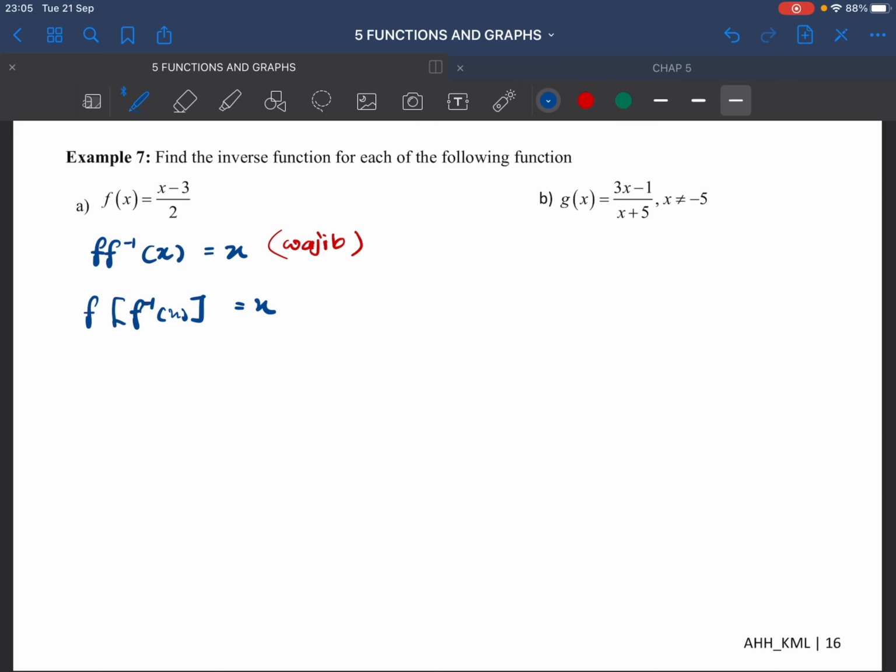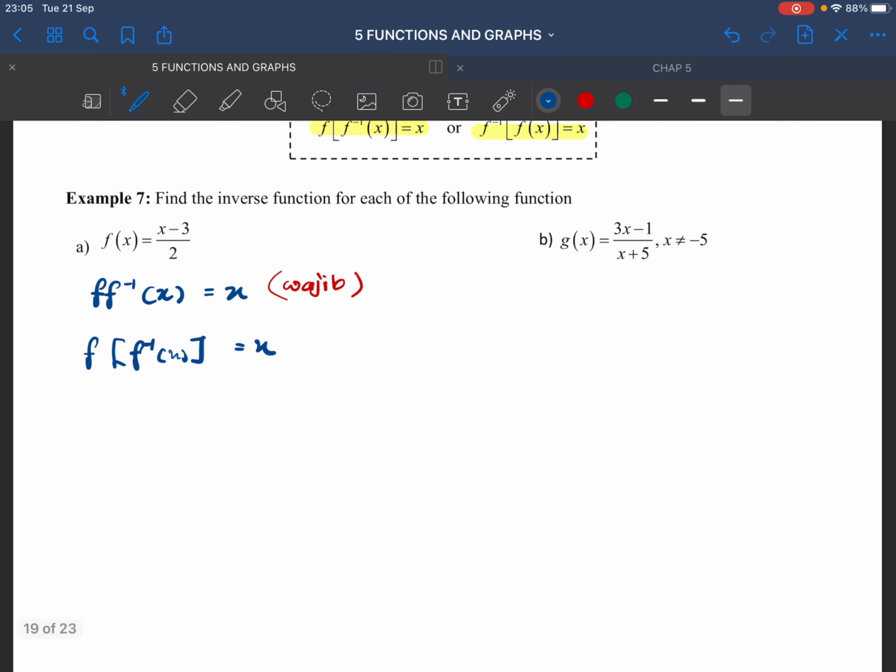Now kita ada function f(x) kita ialah (x minus 3) over 2, which is kita punya f inverse ini kita akan substitute dekat x kita. So we are going to get (f inverse x minus 3) over 2 is equal to x.